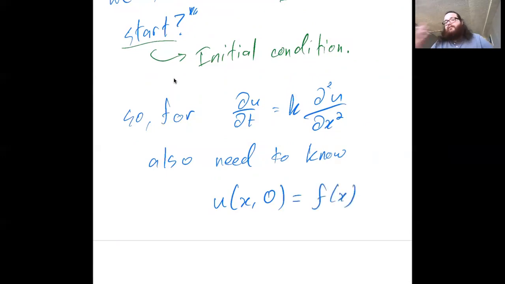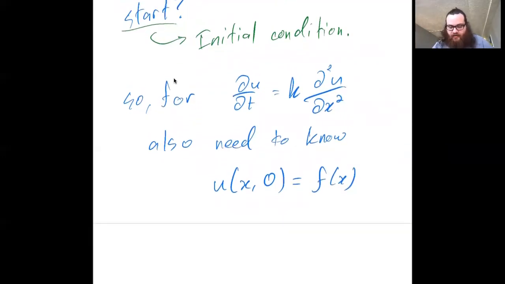And that we'll just say is some function f of x. For a lot of the exercises, we'll keep f of x general, just some arbitrary initial condition. Sometimes we'll specify an initial condition and we can actually solve exactly.